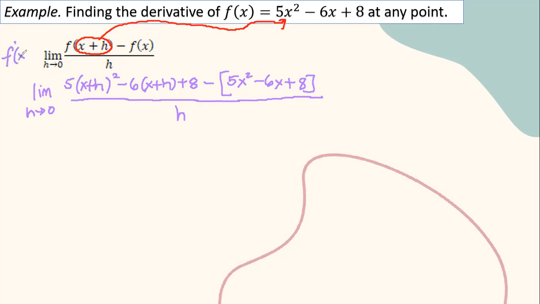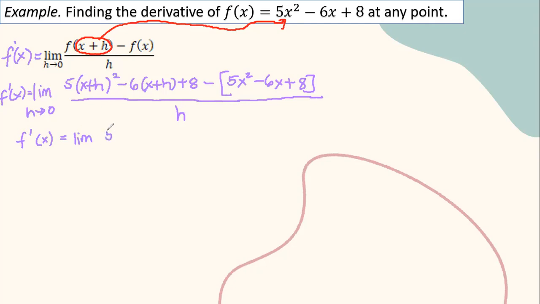F prime of x. So, simplify natin. F prime of x is equal to the limit of x plus h squared.